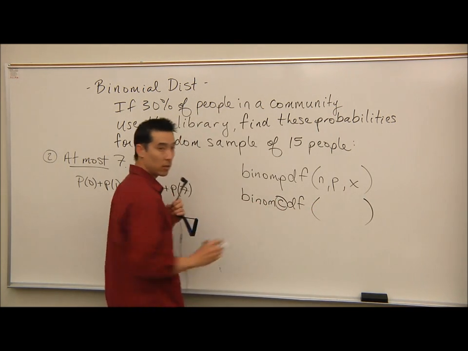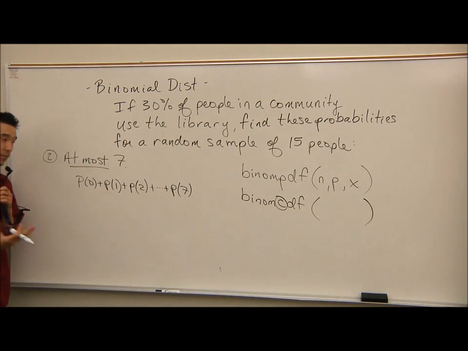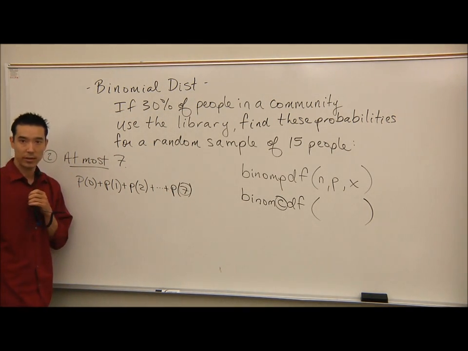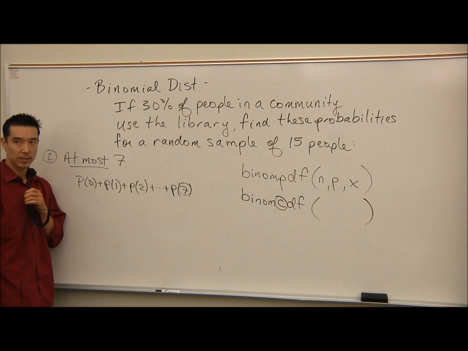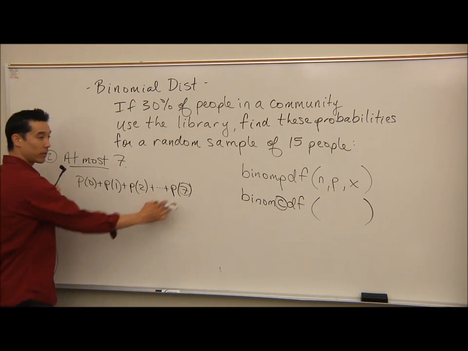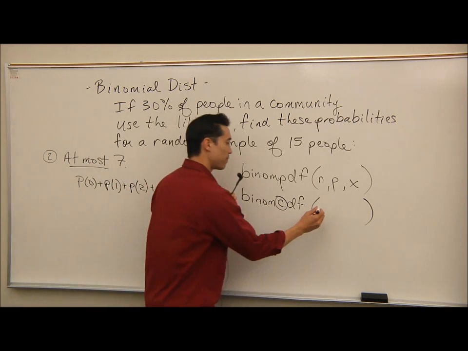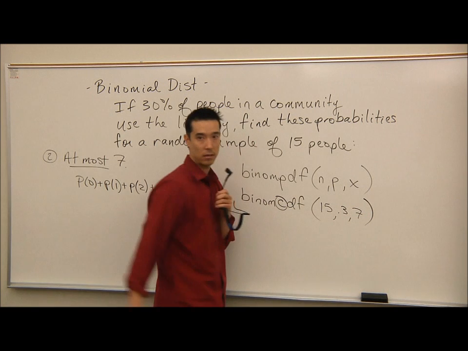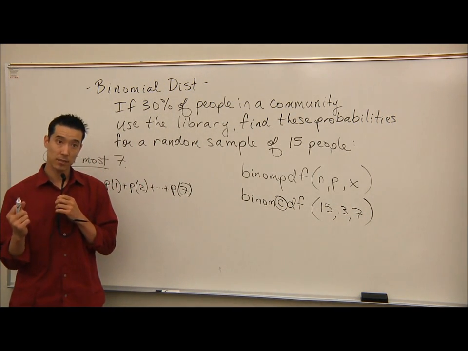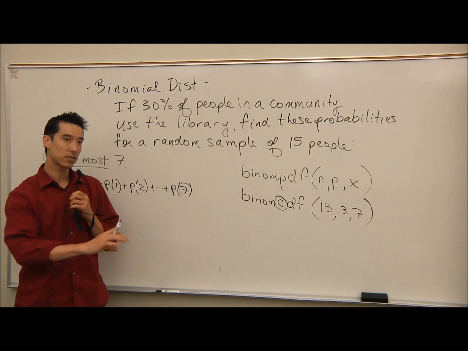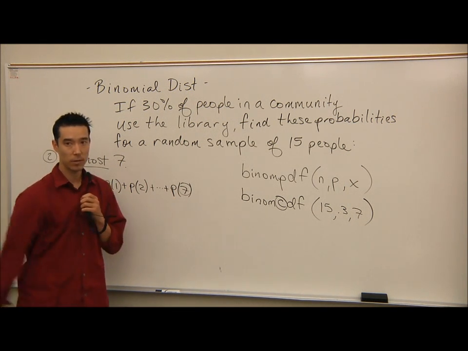So when you use the Binomcdf function, that adds for you all the way from 0 up to whatever number you put in. Okay? That's how it works. So to solve this problem, I want to add from 0 all the way up to 7. So I'm going to put 15, 0.3, 7. Okay? So that last number is very important. It's going to add the probability of 0 plus the probability of 1 plus the probability all the way up to whatever number you put in there.